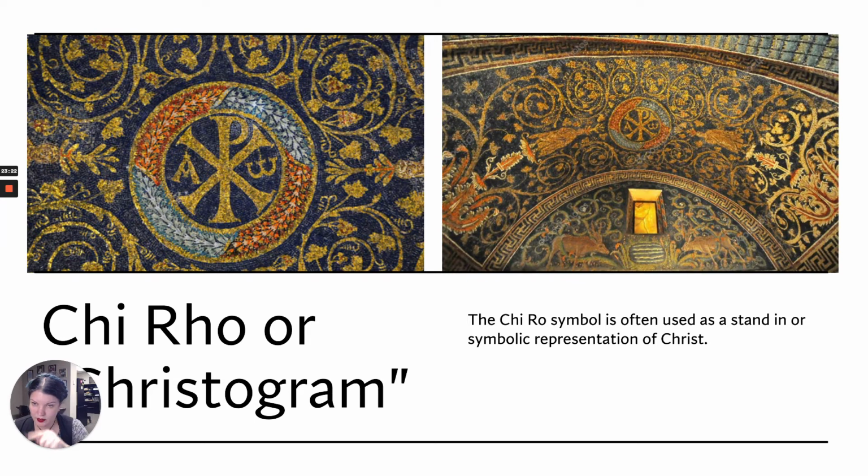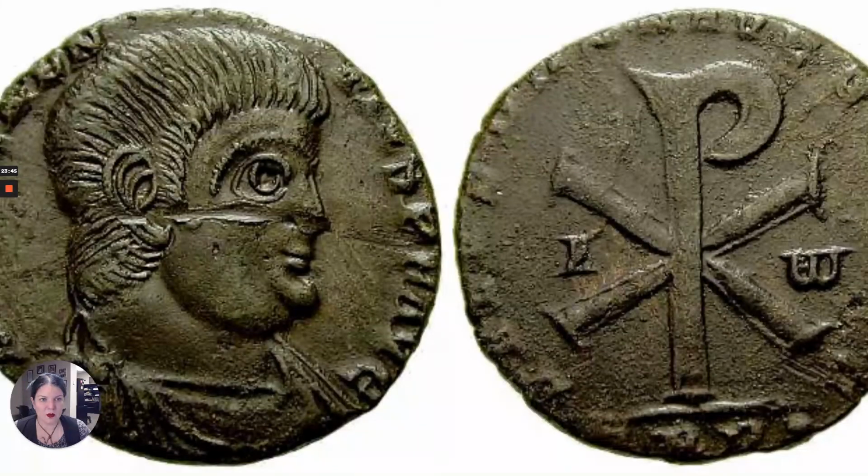The alpha, that's the A, and the omega, which kind of looks like a W, are the first and last letters of the Greek alphabet. So the idea is that that's a symbol for sort of eternity, right? This symbol we call the Christogram, and we see it throughout the Byzantine as a symbol for him. And then here are just some more depictions of the lovely inside of this mausoleum.